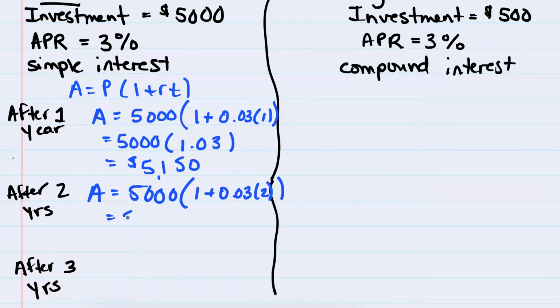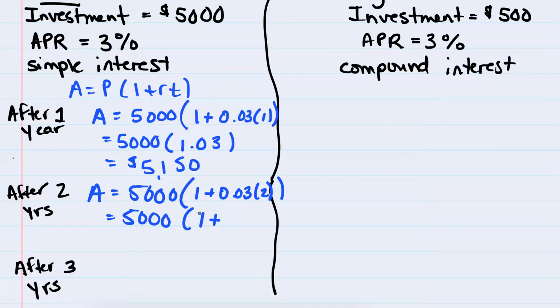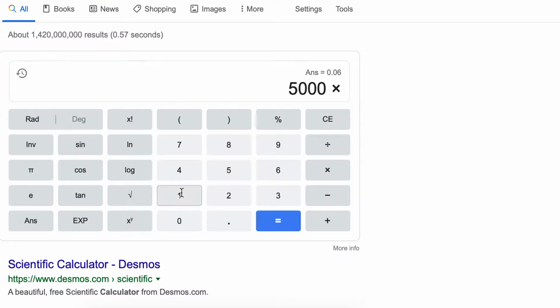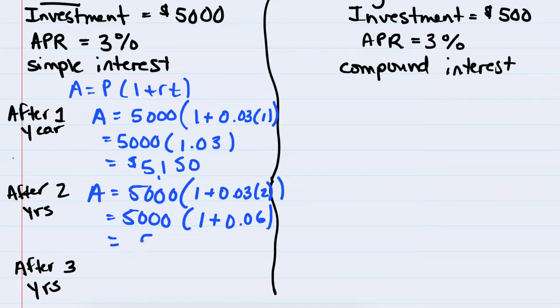So this is going to be 5,000 times 1 plus, what's 0.03 times 2? It's 0.06. So it's going to be 1 plus 0.06, which is 1.06. So if we put that in the calculator, 5,000 times 1.06, we get 5,300, which is what we expect because he earns another $150 after year 1.